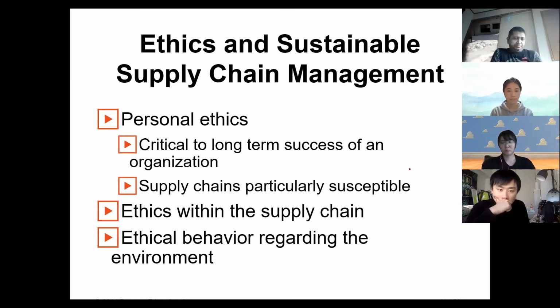What are the things you need to be careful of? What are the personal ethics challenges when suppliers come to negotiate your price?